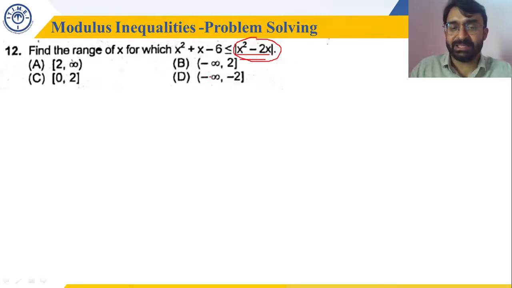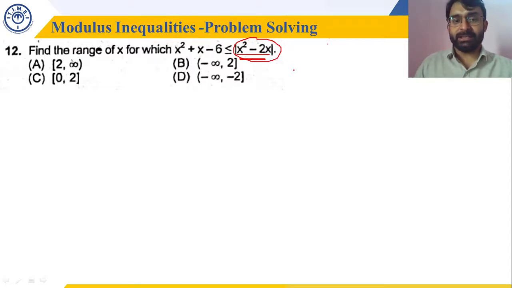That means when x is less than 0 or x is greater than 2. x into x minus 2 greater than 0 means the value will lie outside the interval, smaller than the smaller value and greater than the bigger value.